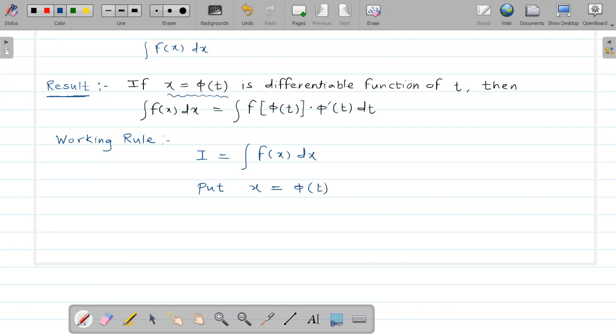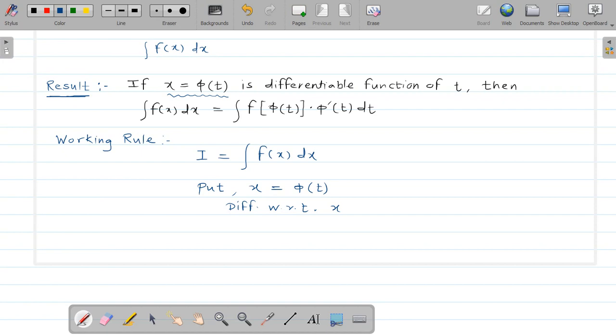Now differentiate both sides with respect to x. We have to change the variable x as phi of t. So this is the substitution. Put x is equal to phi of t.